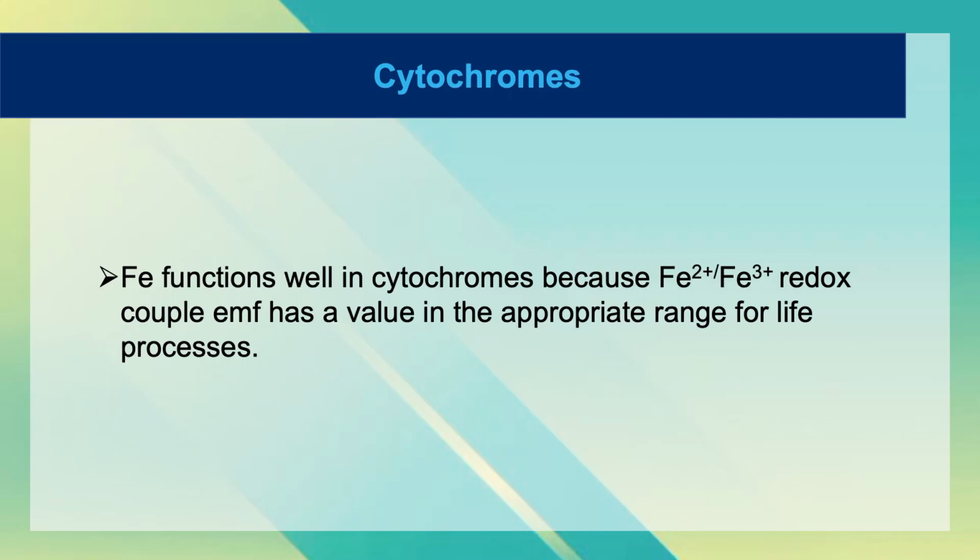Moving on, iron functions well in the cytochromes because it contains the iron 2 plus and iron 3 plus redox couple, whose EMF has a value in the appropriate range for the life processes.